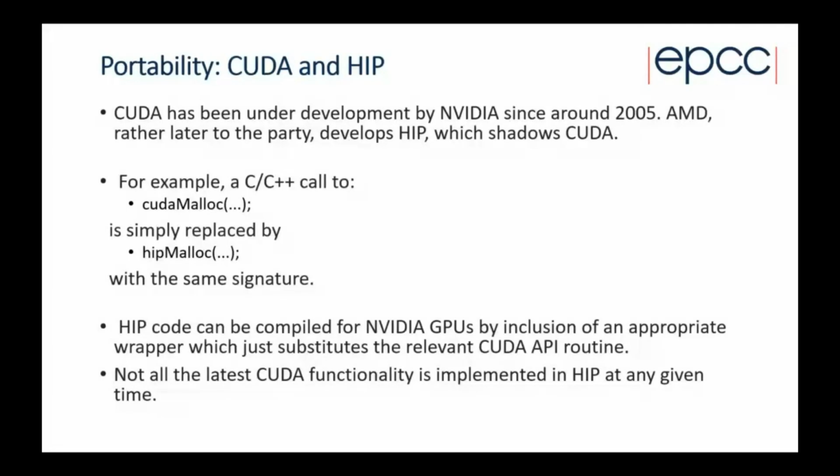Not all the latest CUDA functionality is implemented in HIP at any given time. Obviously, as things are implemented in CUDA, HIP has to come later and provide support for AMD GPUs potentially. And what we'll see especially is that while some of the APIs are available, does it give you the performance benefit underneath? Graphs is a particular example: is it actually doing anything useful?